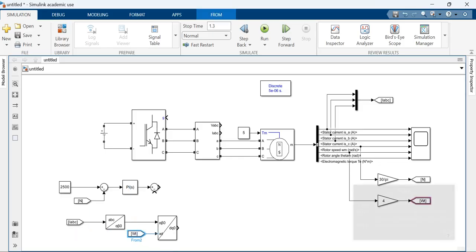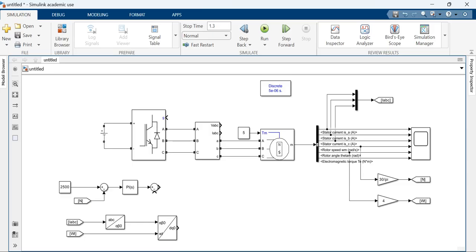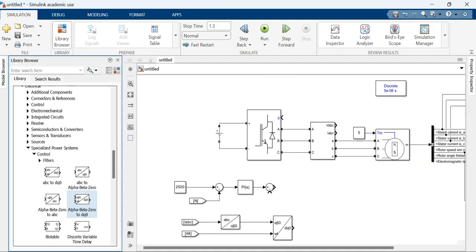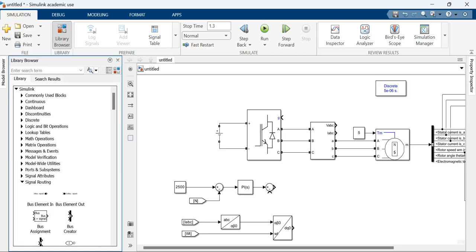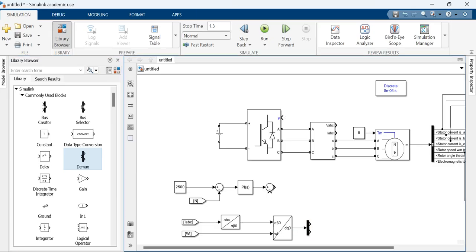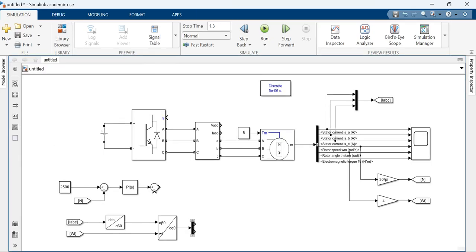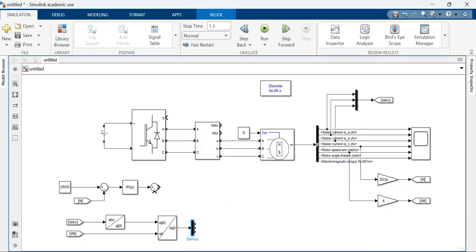So let me put it somewhere here so that it becomes easy for us. I need to demux, so I go to the Simulink library browser. Under continuous, this is demux, and this DQ0, all the three are available here. So I split this into 3, and elaborate this a little bit.